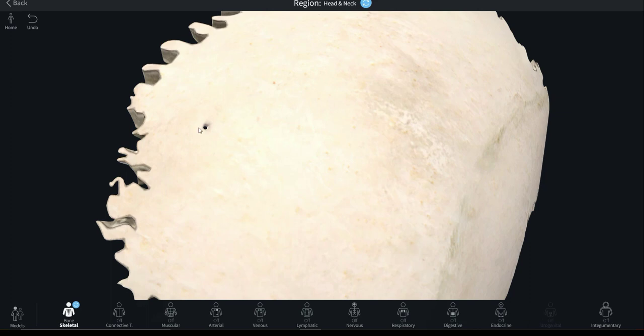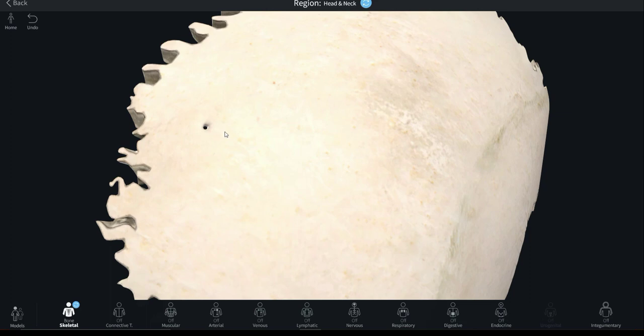That is emissary veins. Emissary vein is not a particular vein as such. They are connecting veins. What do they connect? They connect the blood supply above the skull, or rather out of the skull, to the blood supply inner to the skull.